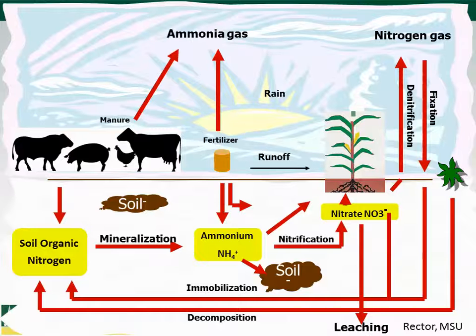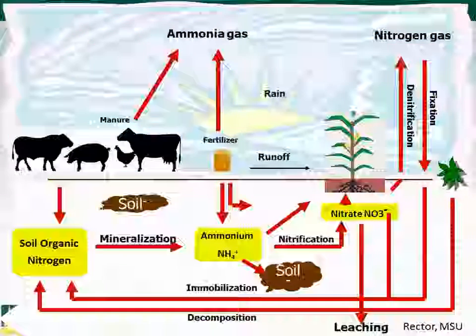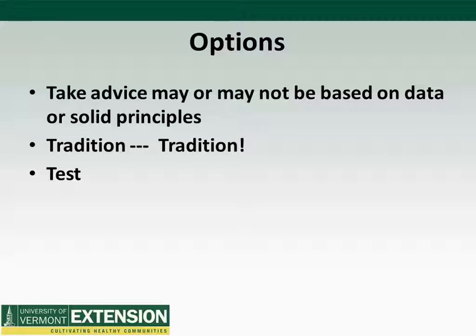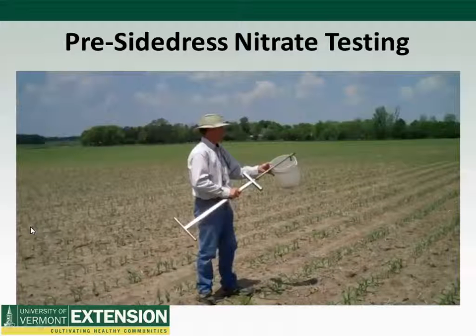So sometimes we feel like we're guessing blindly, and we have options as far as how we come up with the nitrogen recommendation. Some people might just take the advice of the first person that has some qualifications or not. Some people just base it on tradition. I put a certain amount of side dress nitrogen on every year no matter what. Other people might be inclined to test. And there are a couple of ways to do the testing.